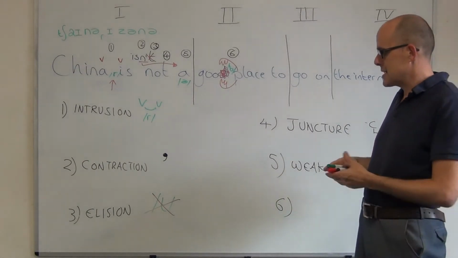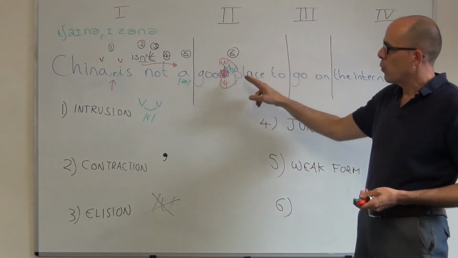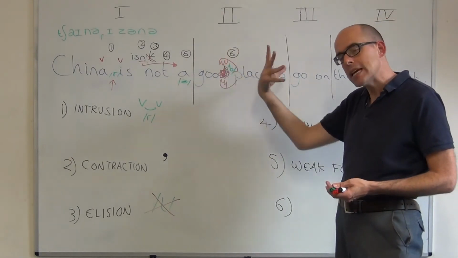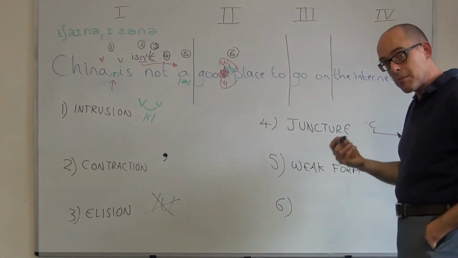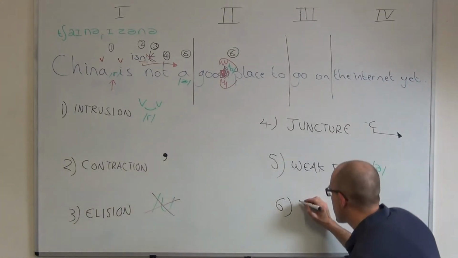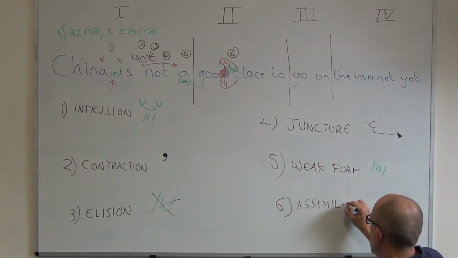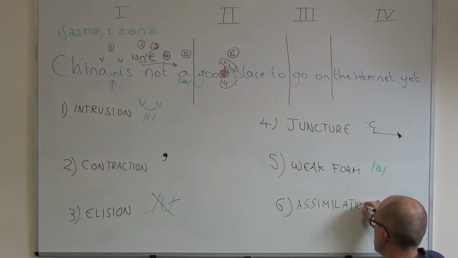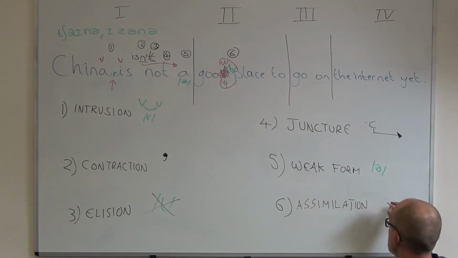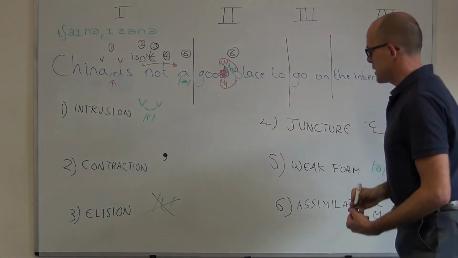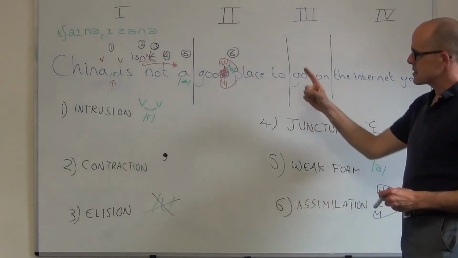So, this is number 6. One sound eats the other sound and makes it similar. Similar, so we call this assimilation. And remember, assimilation is when the second consonant eats the first consonant and makes it similar.